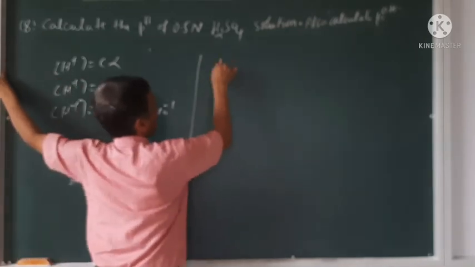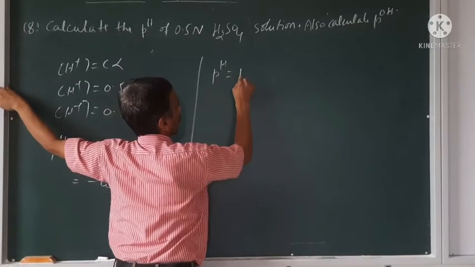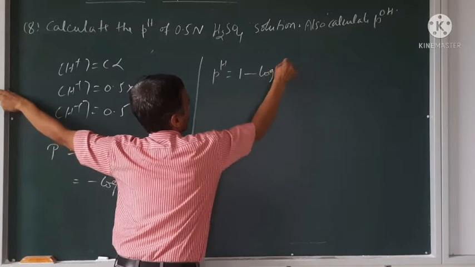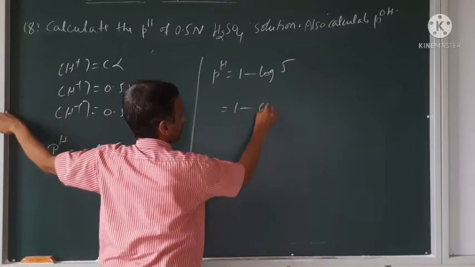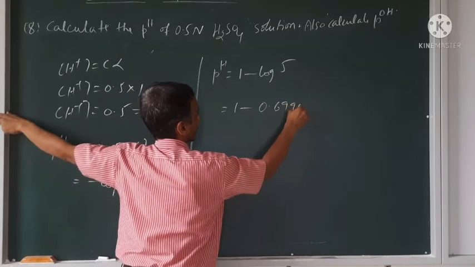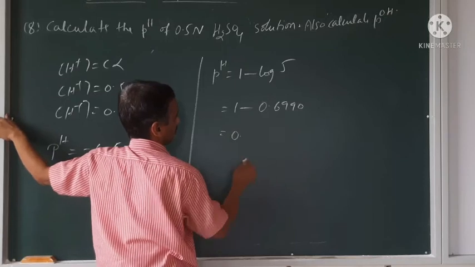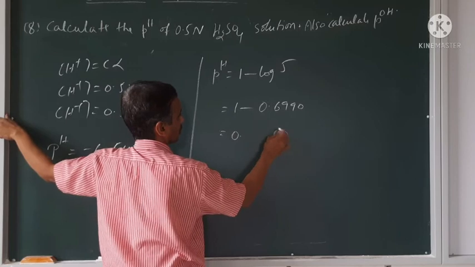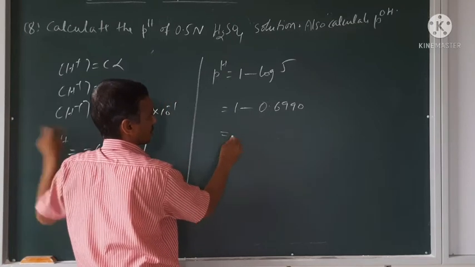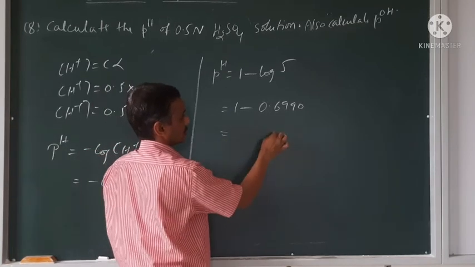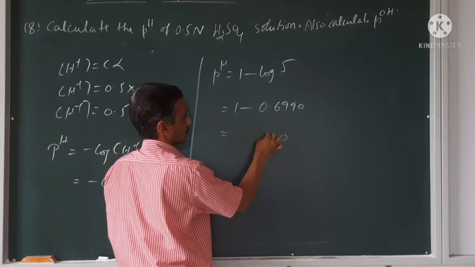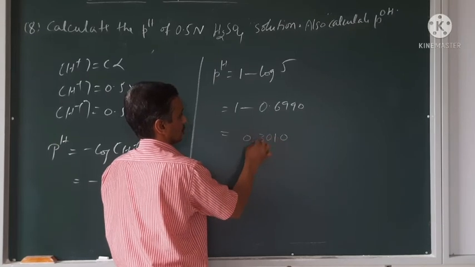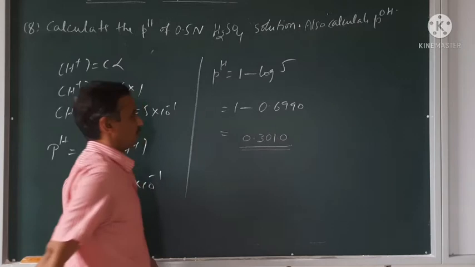So pH is equal to 1 minus log 5, which is equal to 1 minus 0.6990, which is equal to 0.3010.